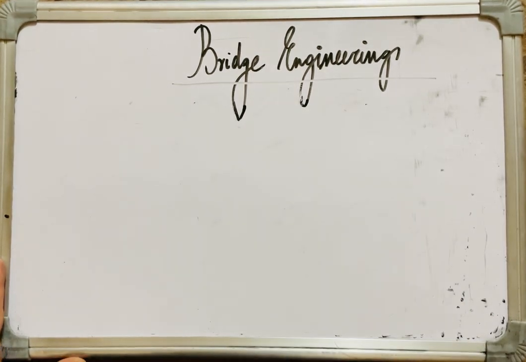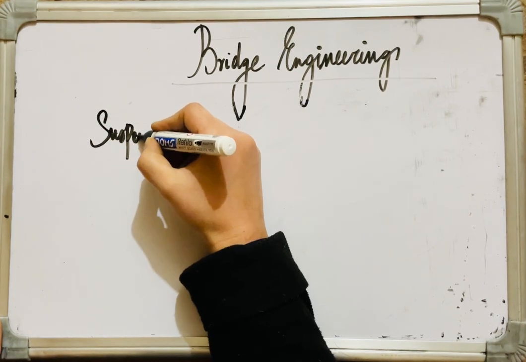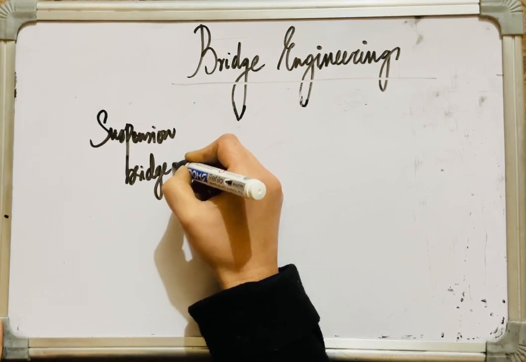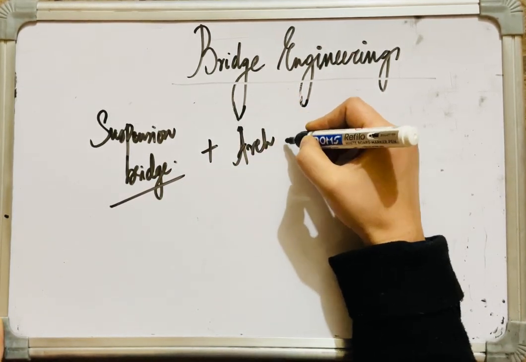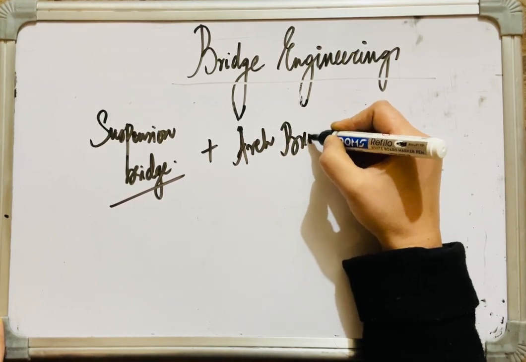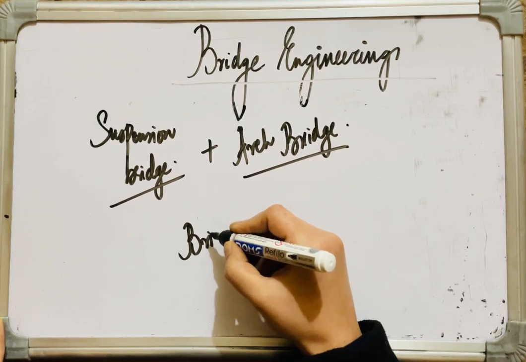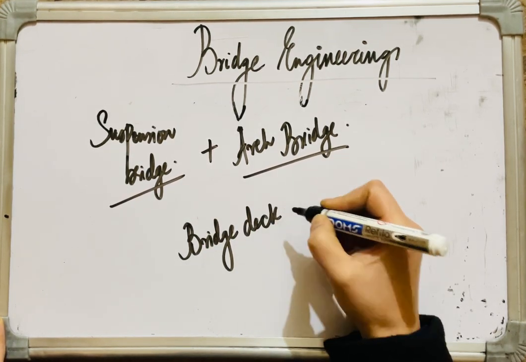And the tied arch bridge combines the characteristics of two bridges, the suspension bridge and the arch bridge, because the bridge deck remains suspended below the arch by means of these hangers or suspenders. So the bridge deck is also suspended in case of a tied arch bridge.